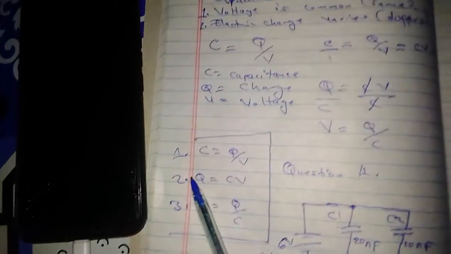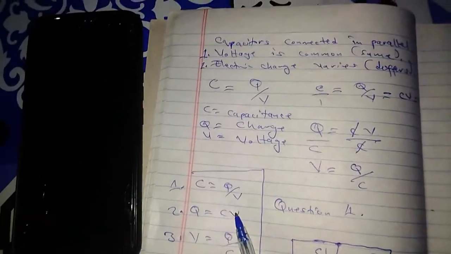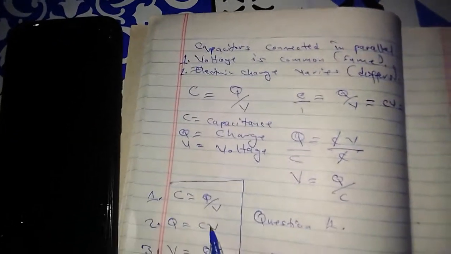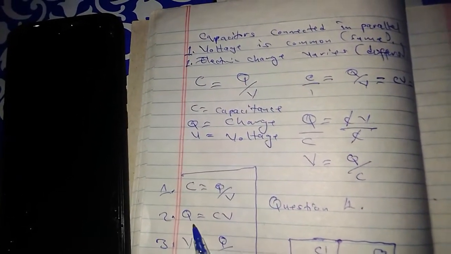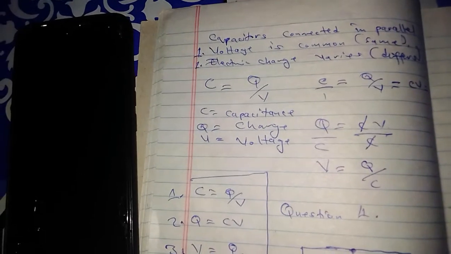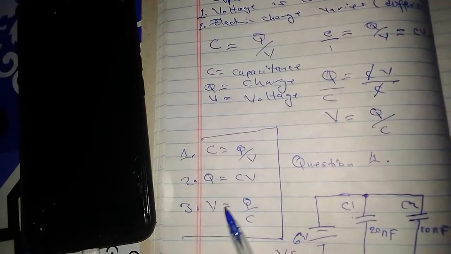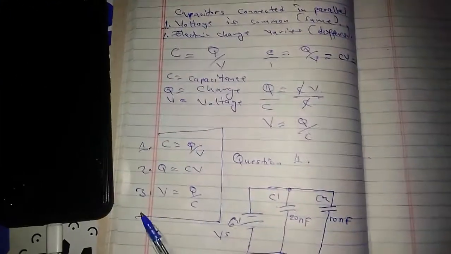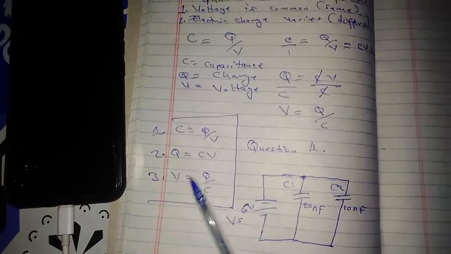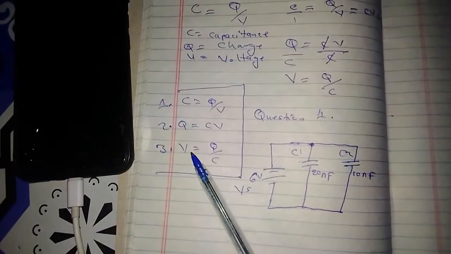Therefore, Q is equal to C times V. Now, to look for V, we divide both sides by C, C will cancel C. V is equal to Q over C. So we'll be using these formulas to guide ourselves throughout the calculations.